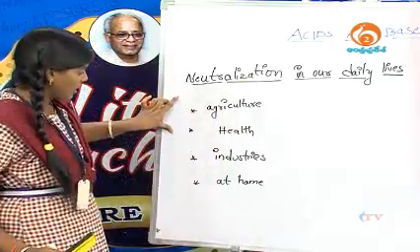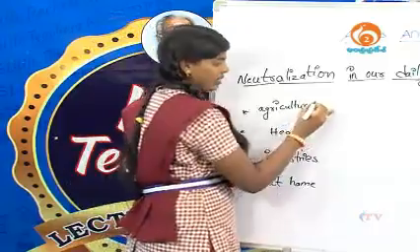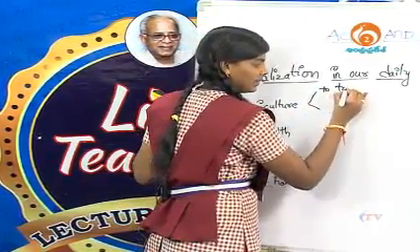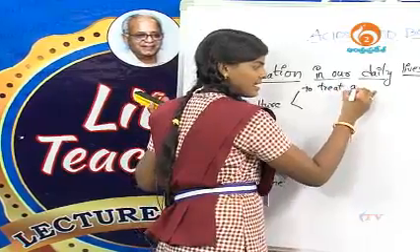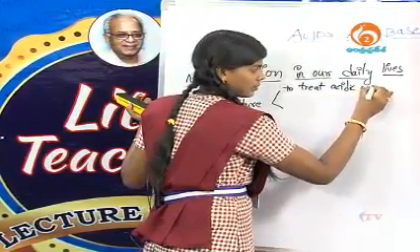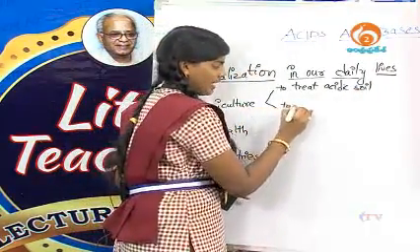These are the neutralization in our daily lives. Agriculture has two types. First one, to treat acidic soil. Second one, to treat basic soil.